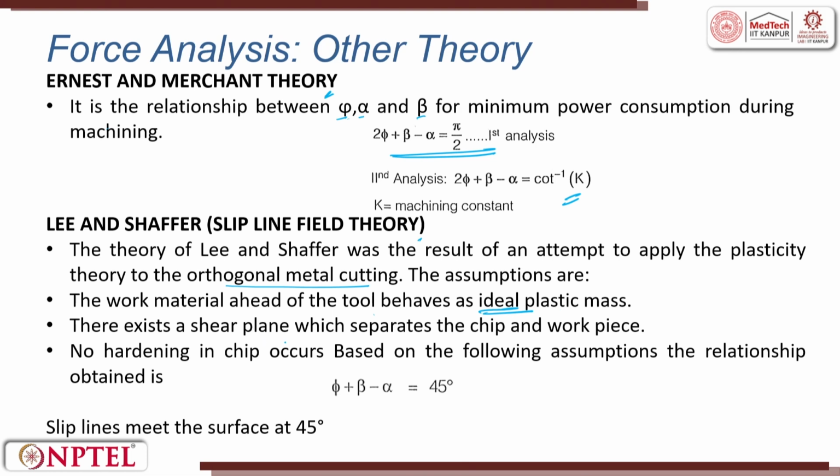There exists a shear plane which separates the chip and the workpiece. No hardening in the chip occurs. Based on the assumptions, the shear and slip lines meet the surface at 45 degrees. These were the assumptions made.